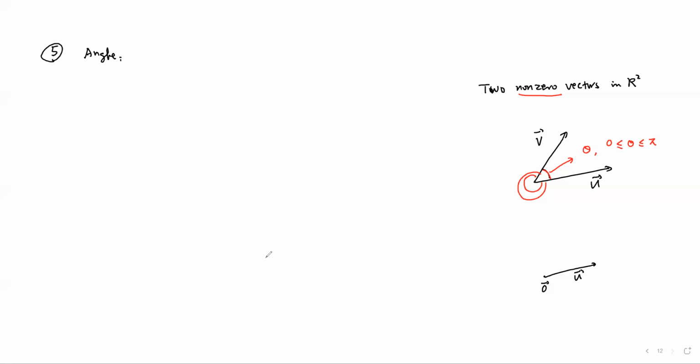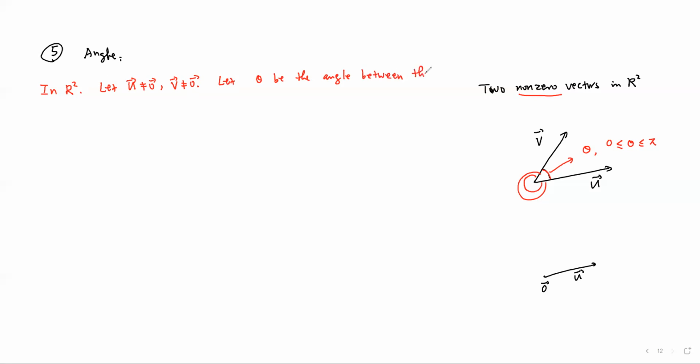First, let's study the angle in R2. In R2, let U and V be non-zero, and let theta be the angle between them.